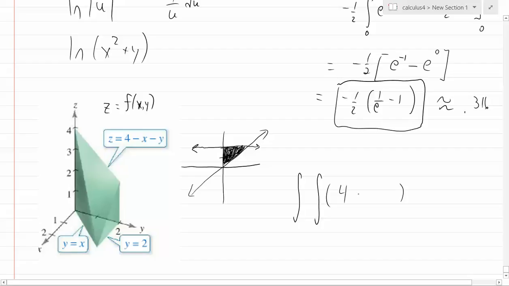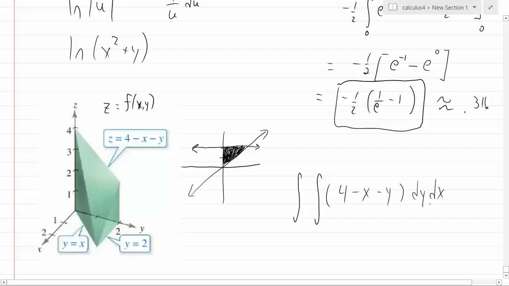We know that we have 4 minus x minus y. Now, do we want to try to work this dy dx or dx dy? Anybody? Dy dx? Alright, so let's see. Dy dx.